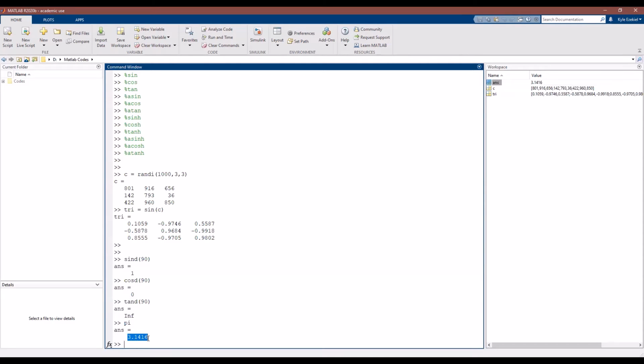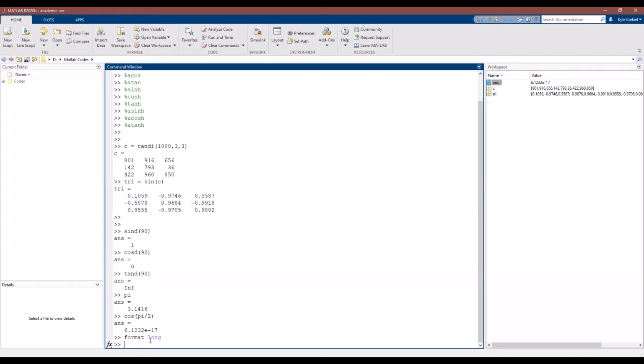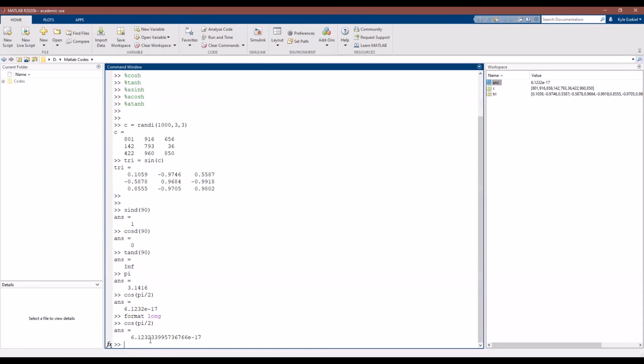But here we didn't have an irrational number, rather a rational number. So that was why when we tried to get the cosine pi over 2 earlier, we didn't get an exact value of 0. Perhaps we try format long, then try to solve this again.